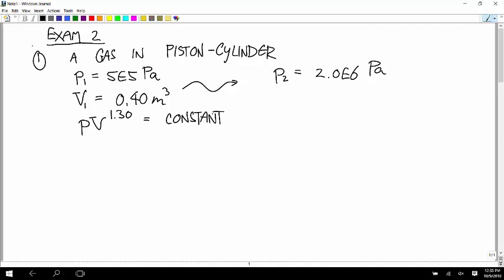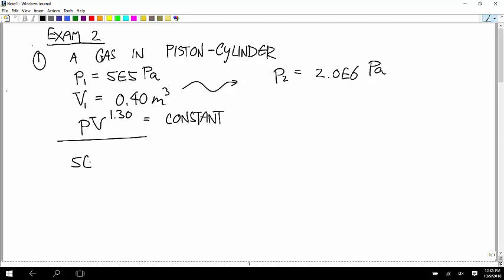Okay, so there's only one parameter we need to find in the first one. We need to find that constant, and we can use that first state to do that.